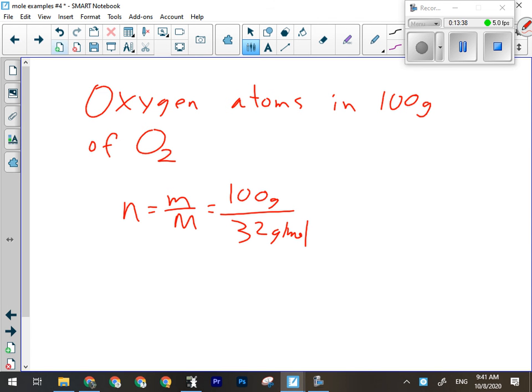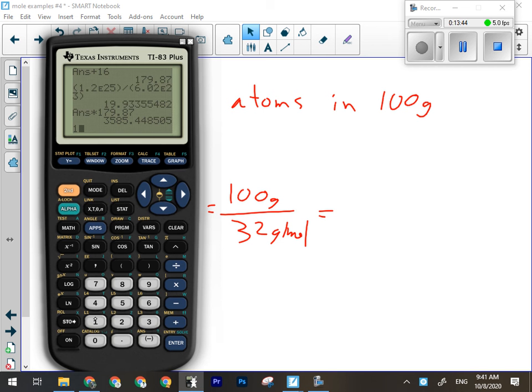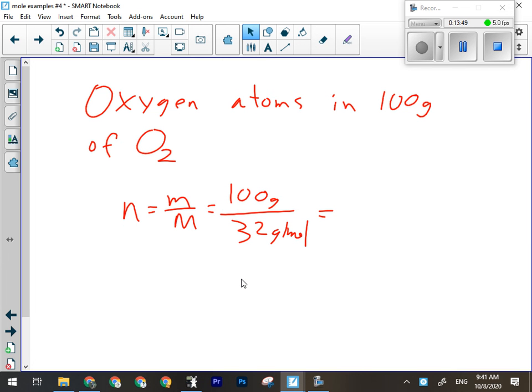When you do this calculation and you get the number of moles, it comes up to 100 over 32, you get 3.125. Then I take that and I multiply it by Avogadro's number.